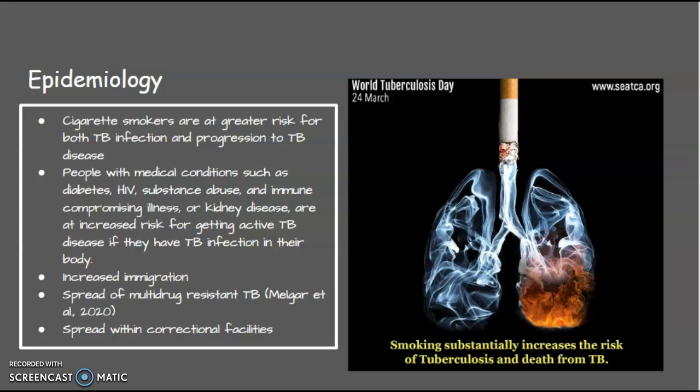It's also caused by increased immigration, spread of multi-drug resistant TB, and spread within correctional facilities. Since TB does not homogeneously affect the population, selected high-risk groups should be identified in all settings as they deserve special attention and should be addressed specifically with additional interventions.